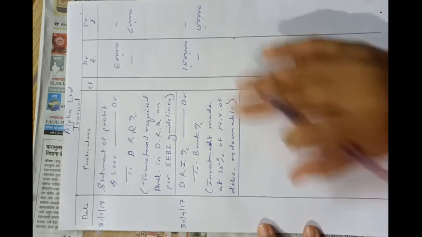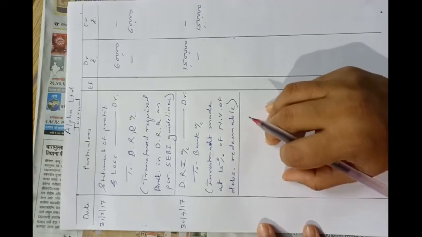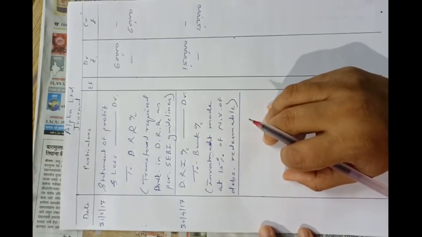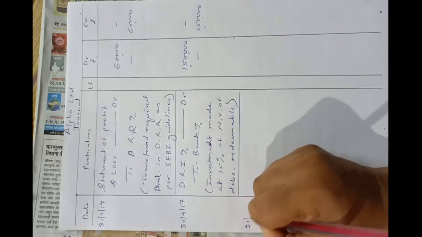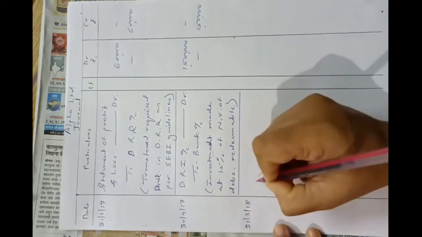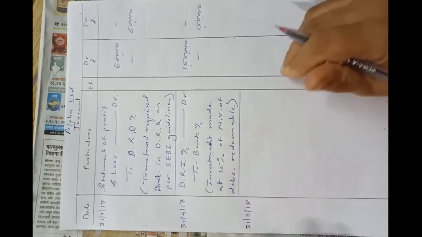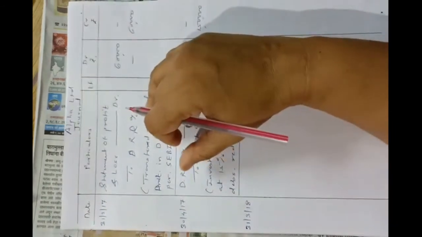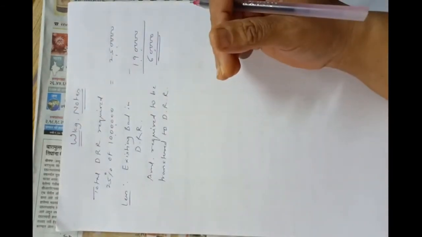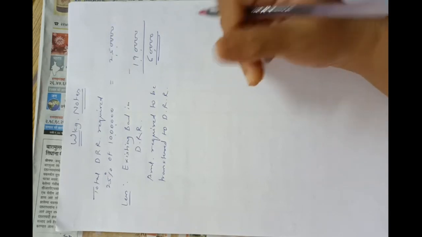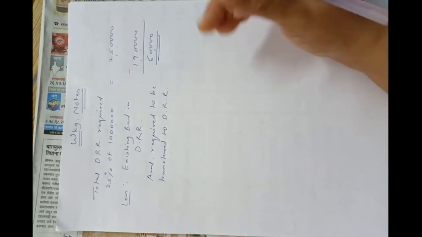Now entries on the date of redemption. Redemption is due on 31st March 2018. So 31st March 2018. First entry will be of sale of investment. Okay. Now here again we have to do some working, because see here they told us that the investment was realized at 104%, means more than its face value, less 0.5% brokerage.